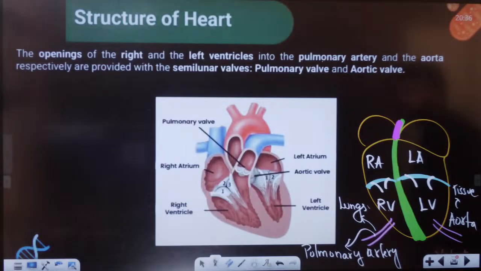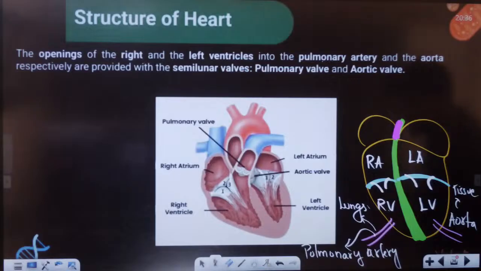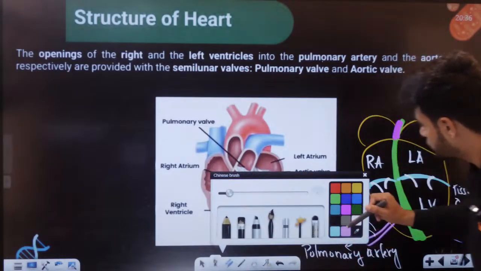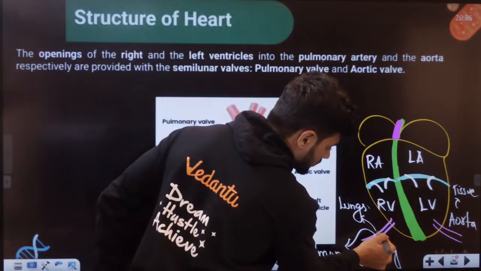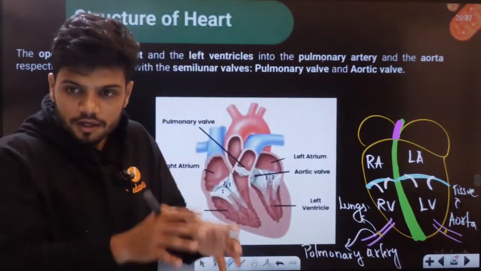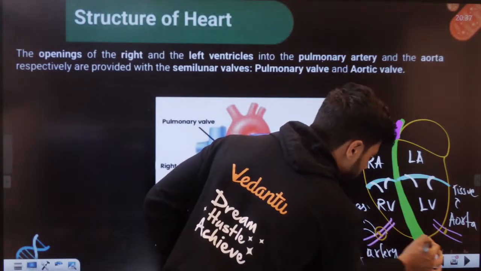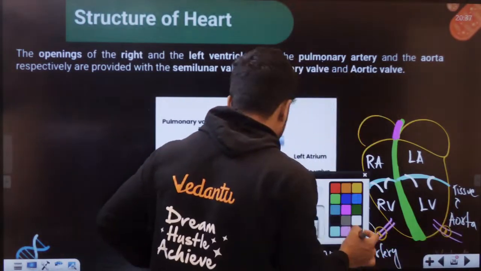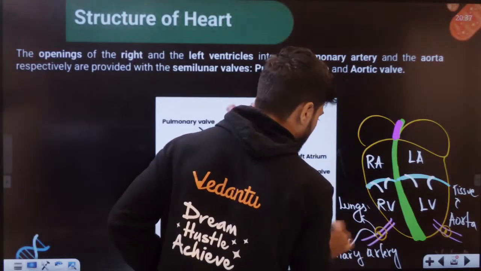Okay. Now, students, pulmonary valve and aortic valve. Here also we can find valves, because it is important, right? You have to control everything. So at this point here and here, we can find semilunar valves.